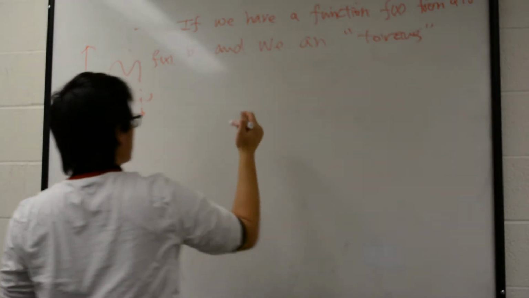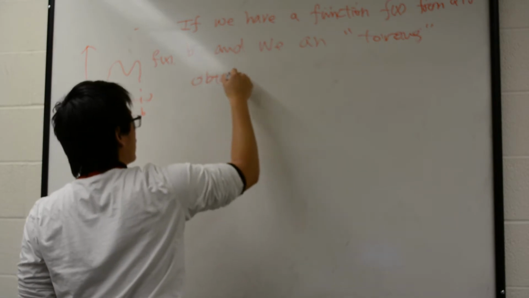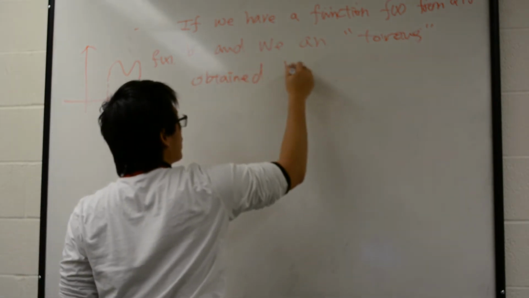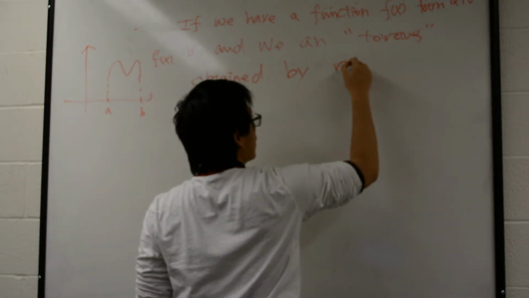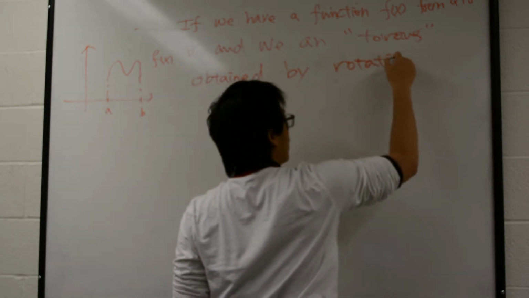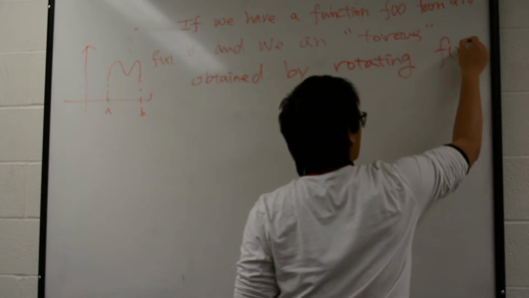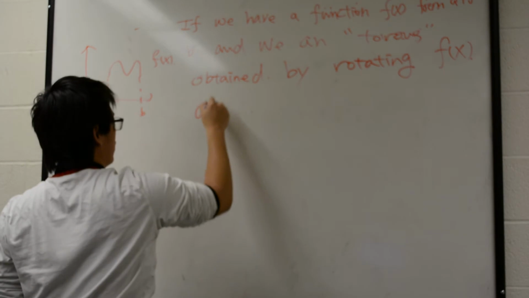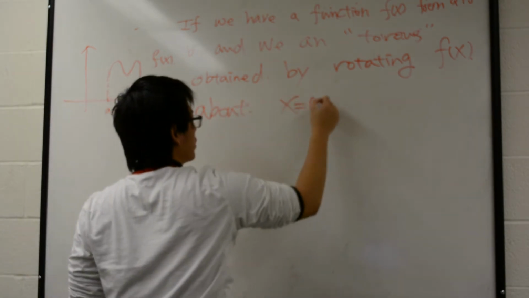This torus is obtained by rotating f of x about x equal to 0.